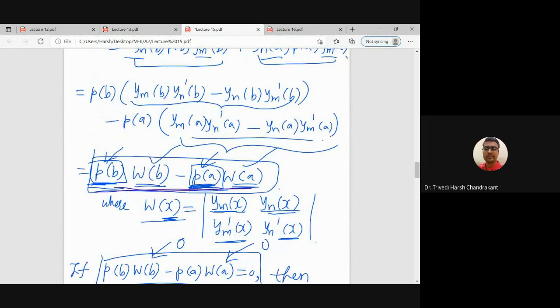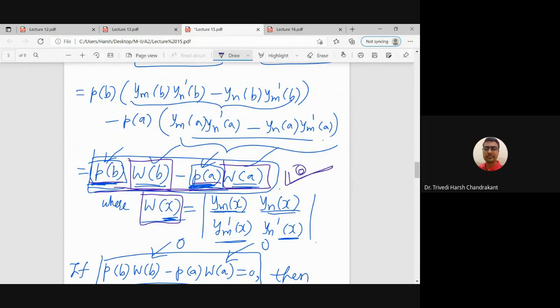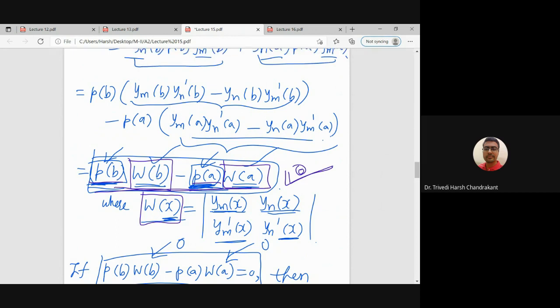So for orthogonality, we need this term to be 0, and this term depends on the value of the Wronskian at the end points of the closed interval a b. So if W(b) and W(a) are 0, or p(a) and p(b) are 0, then we get this term to be 0, and whenever this term is 0, we get orthogonality of ym and yn.